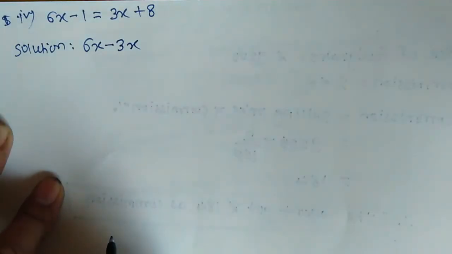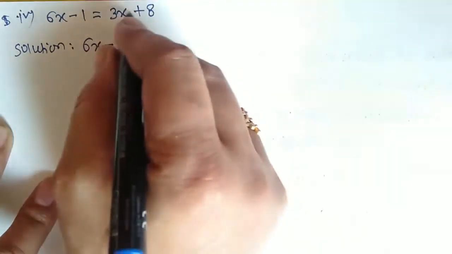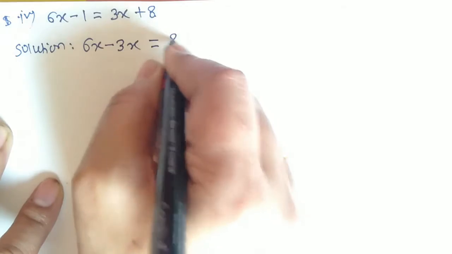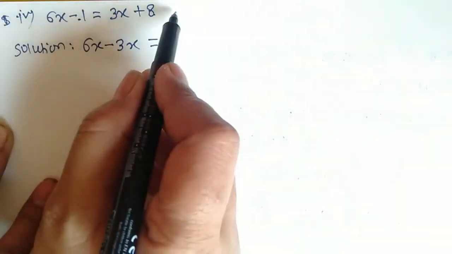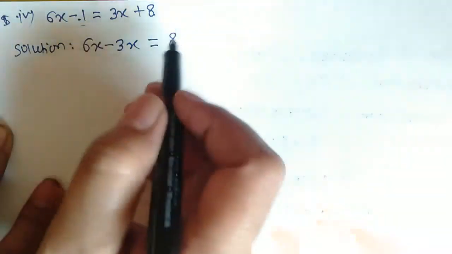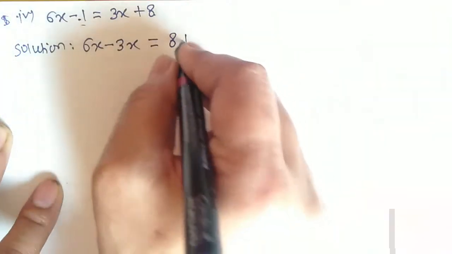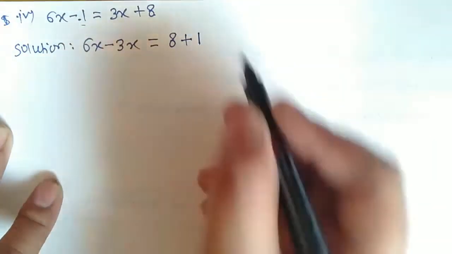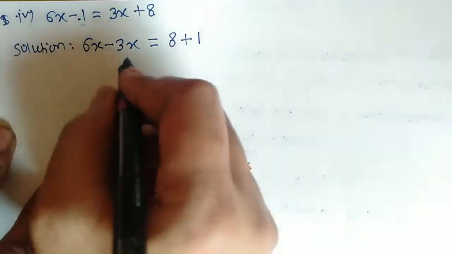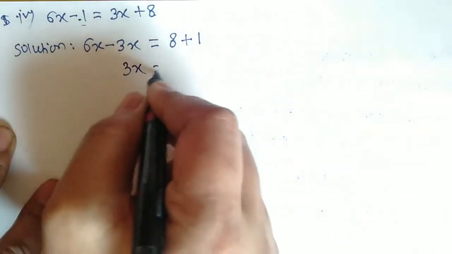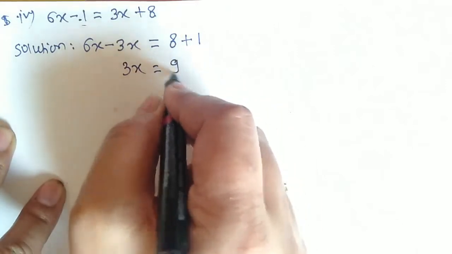So it is minus 3x is equal to positive 8 as it is, and this minus 1 is transposed to the right side, it becomes positive. So minus 1 becomes plus 1. So 6x minus 3x is thrice x is equal to 8 plus 1 is 9.